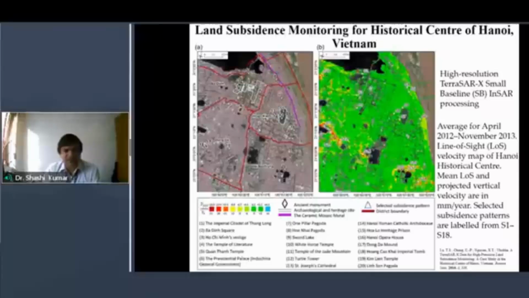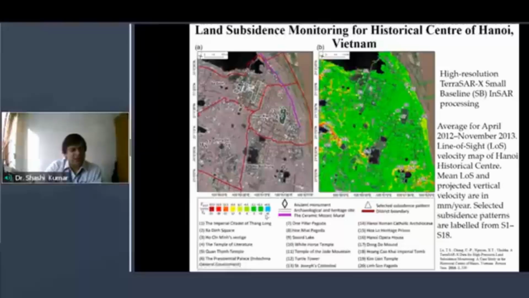So the line of sight range could be easily seen here. The line of sight range is from -15.6 centimeter to +4.5, and the vertical displacement is -21 millimeter to +6 millimeter.